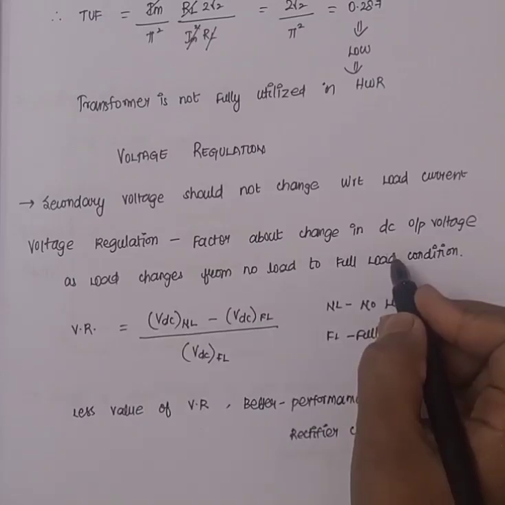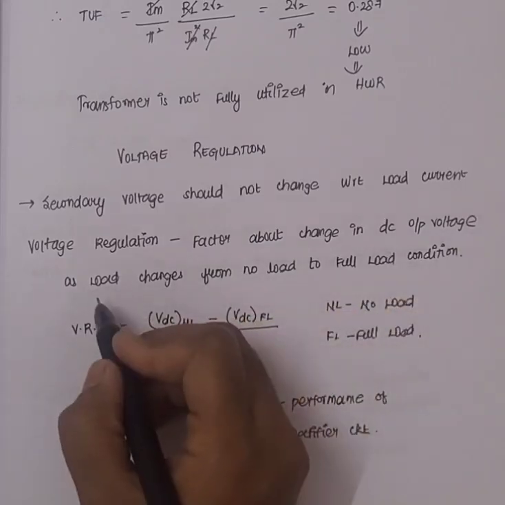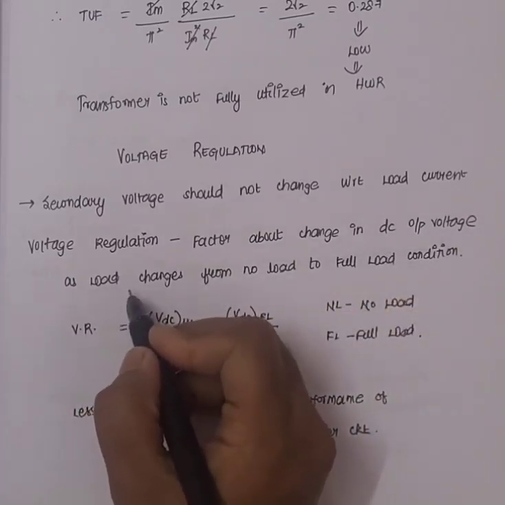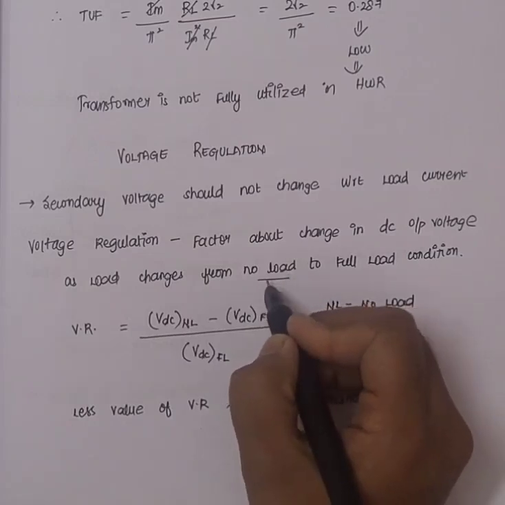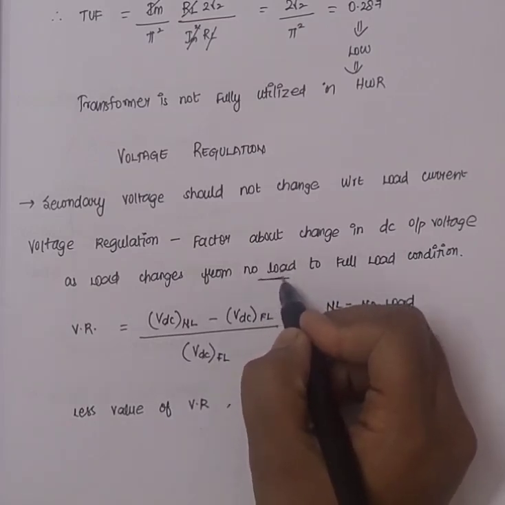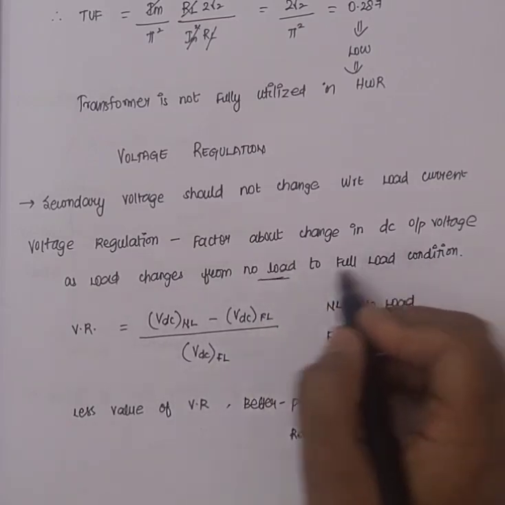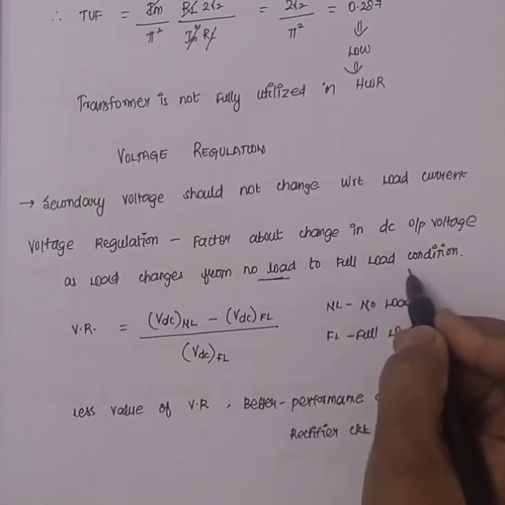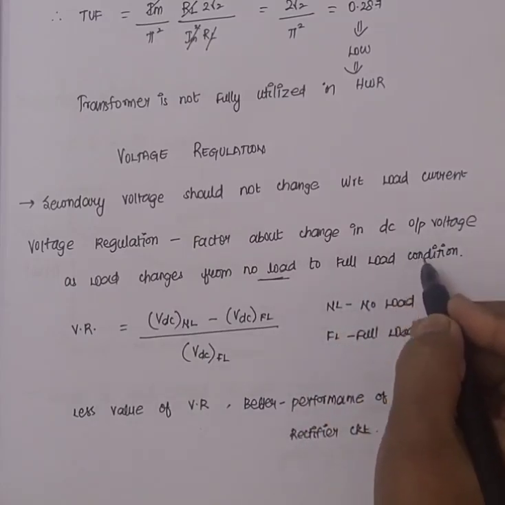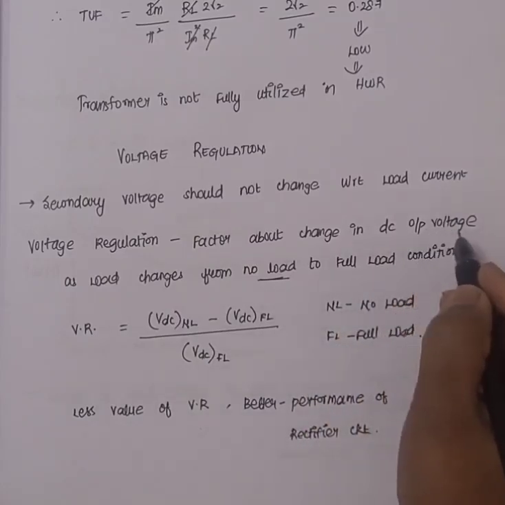During the initial phase, we will not apply the load directly, which means it is under no load condition. When it is raised from no load to full load condition, during the variation of this particular load, what is the change with respect to the output voltage?